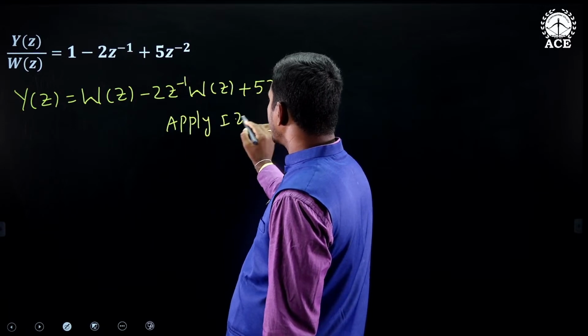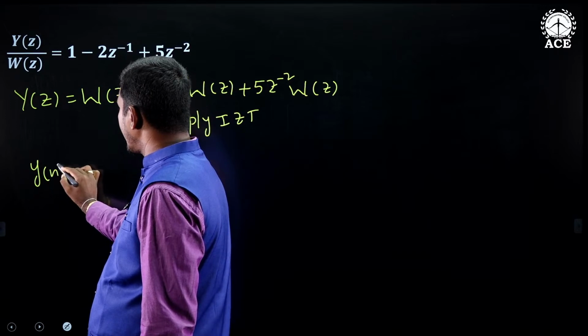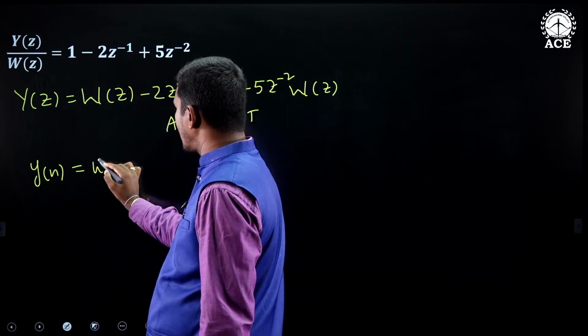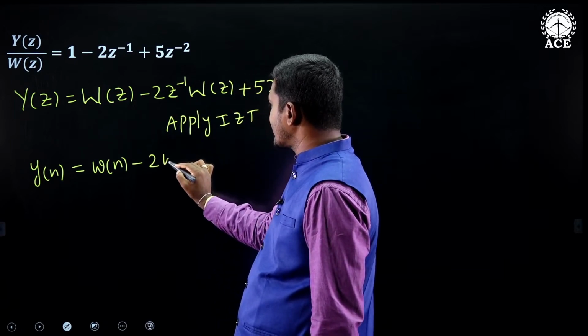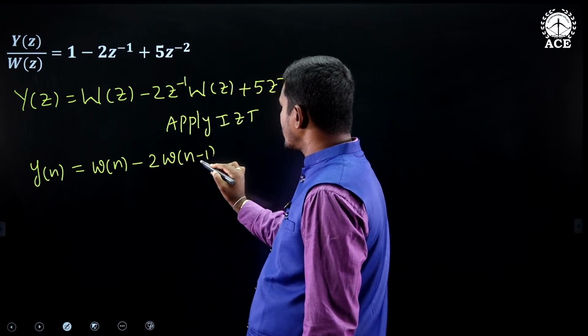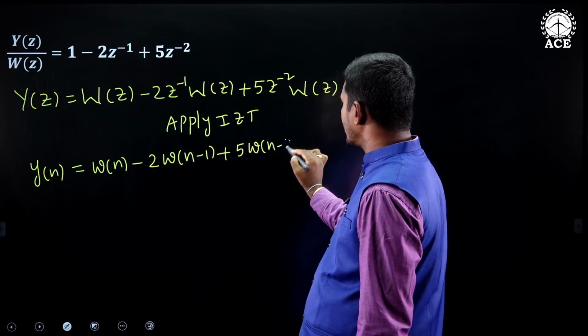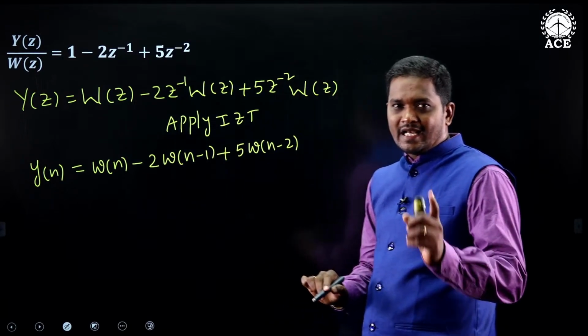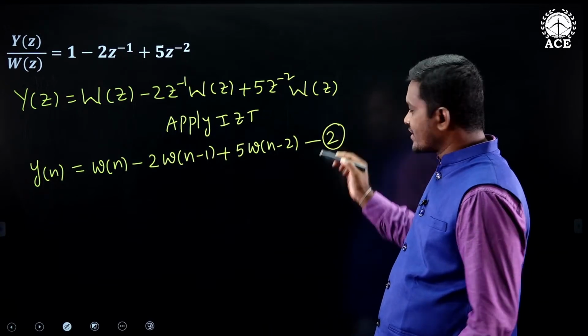Then tell me, what is the inverse of Y of z? Y of n equals, what is the inverse of W of z? W of n minus, what is the inverse of z inverse into W of z? 2 W of n minus 1 plus 5 W of n minus 2. This is the proper form only. LHS is Y of n, RHS is all the w terms. This is the second equation, that's it.